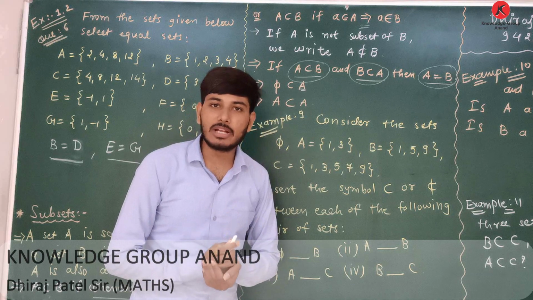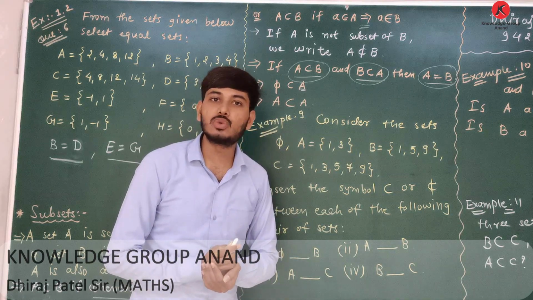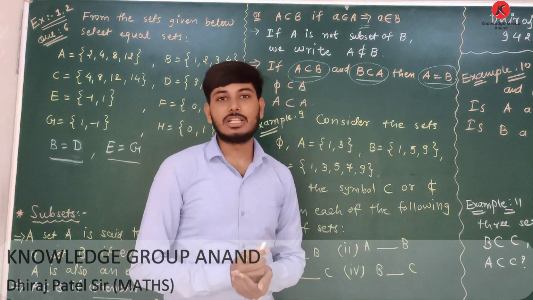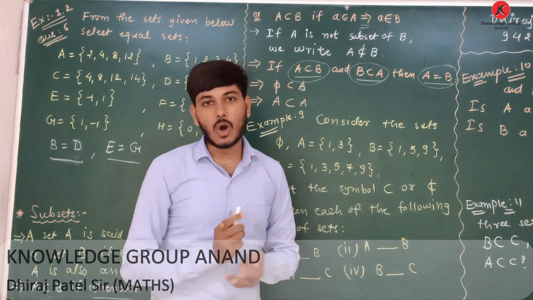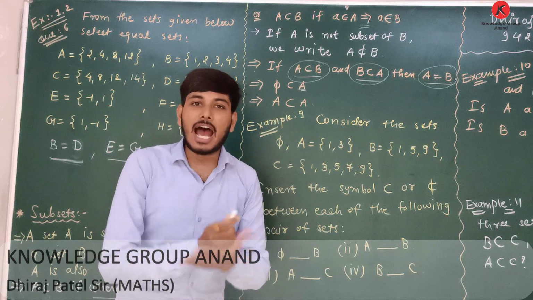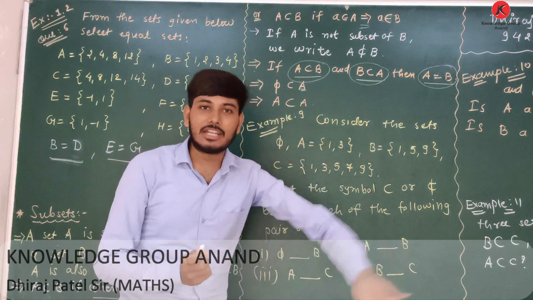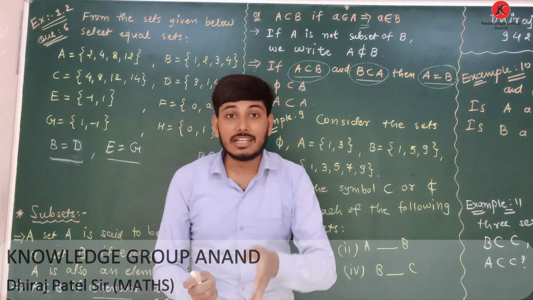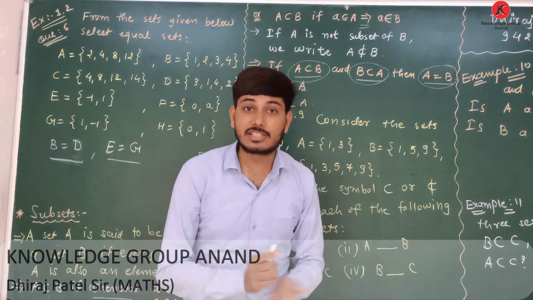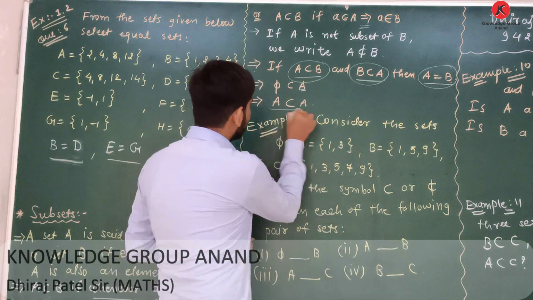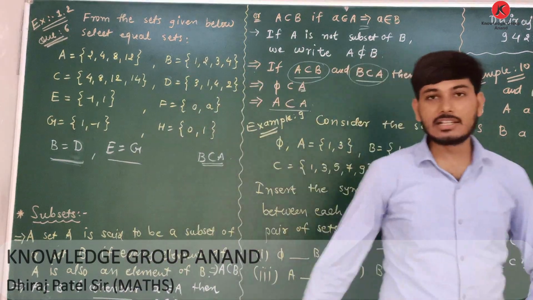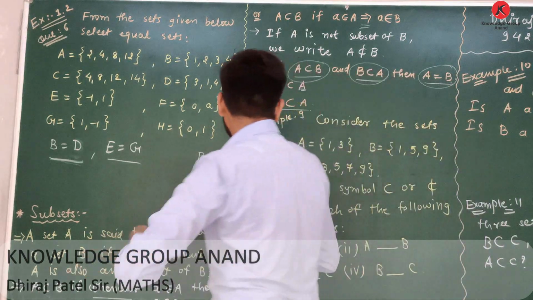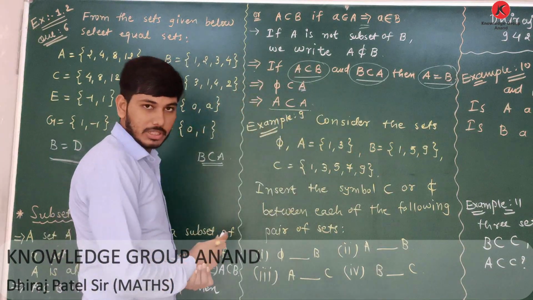Then all the elements of set A, which are 1, 2, 3, are in set A. All elements of set A are in set A, therefore set A is a subset of itself. So any set is a subset of itself. These two are important properties.